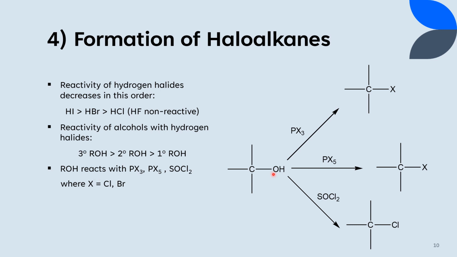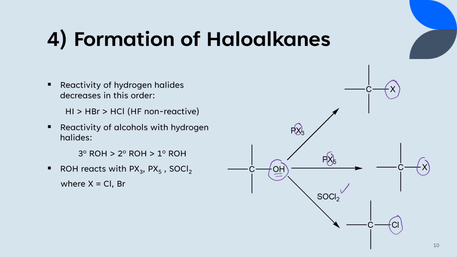Dan di sini kita boleh tengok bahawa apabila this alcohol kita react dengan PX3, this OH akan terus digantikan dengan X, so you will get this haloalkane. Alcohol dengan PX5, again OH gantikan dengan X, you will get haloalkane juga. Tapi dengan menggunakan thionyl chloride, this OH must be substitute dengan Cl sahaja.